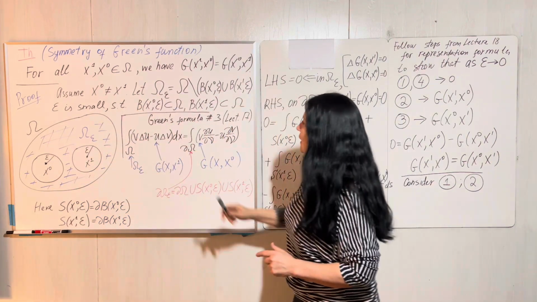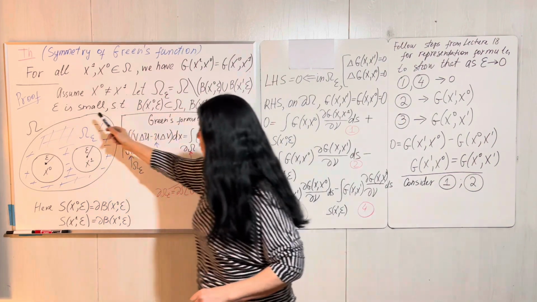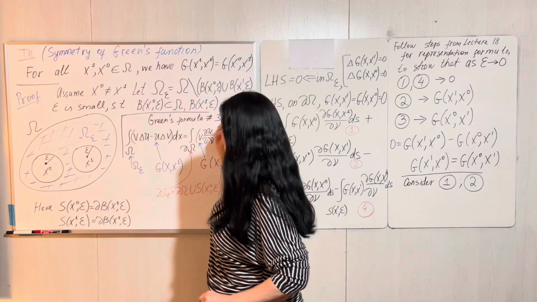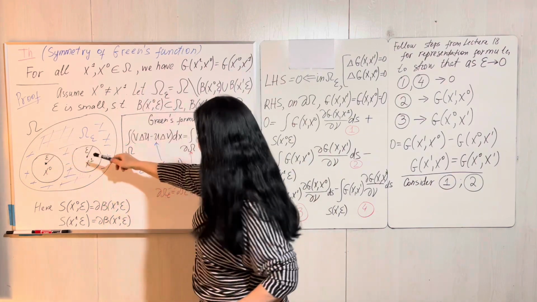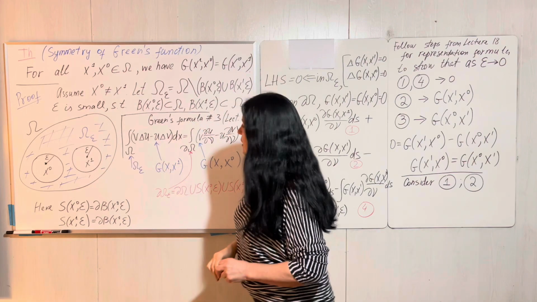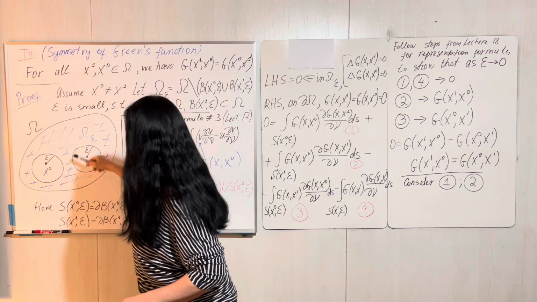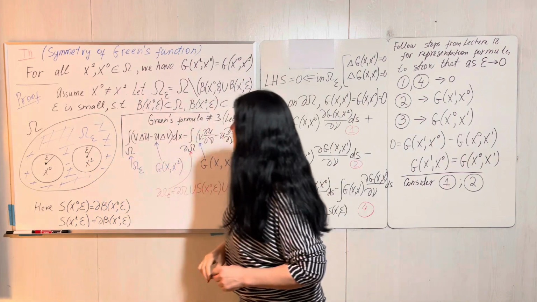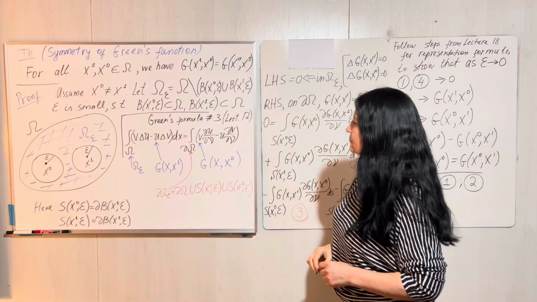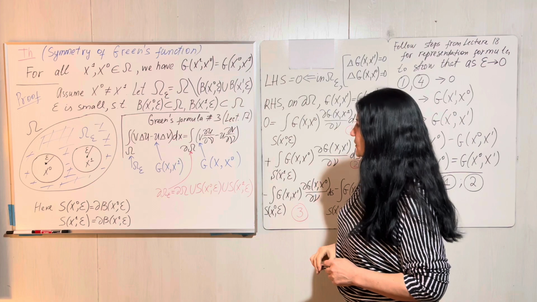Then omega epsilon would be our omega without these two balls. So we will remove these two balls. Omega epsilon is this domain with the blue lines.